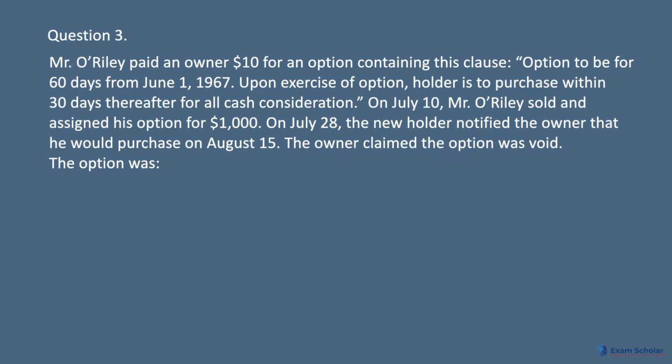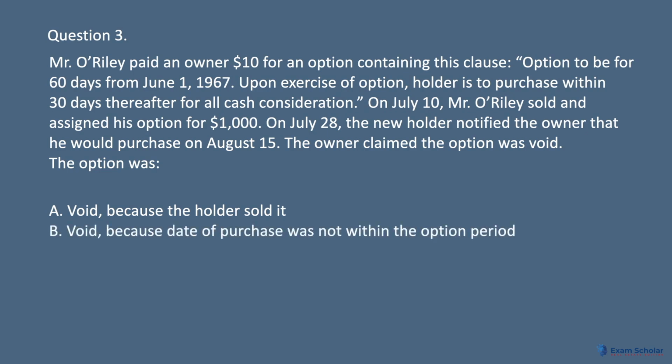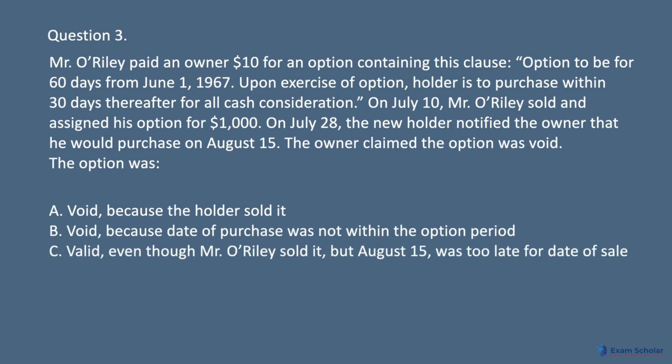The owner claimed the option was void. The option was A. Void, because the holder sold it. B. Void, because date of purchase was not within the option period. C. Valid, even though Mr. O'Reilly sold it, but August 15 was too late for date of sale. D. Valid, and assignee could purchase on August 15.